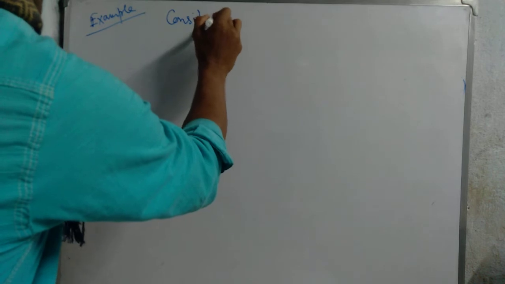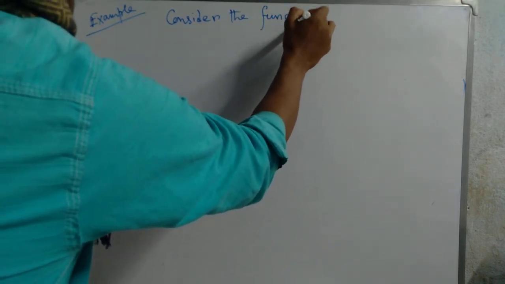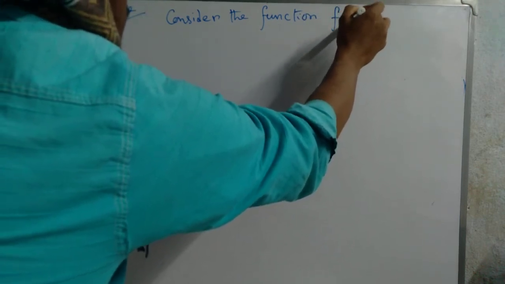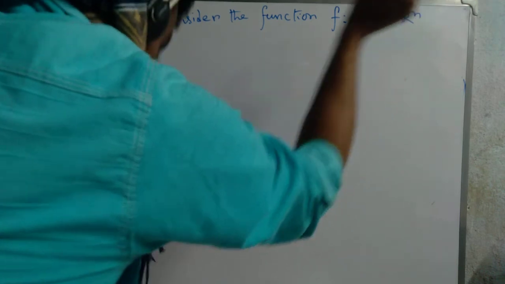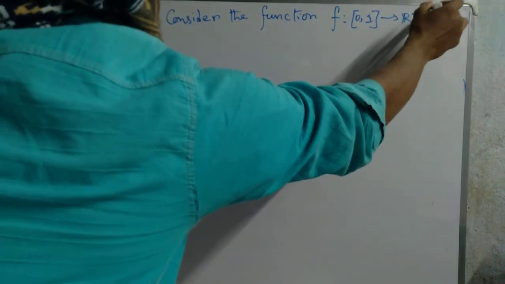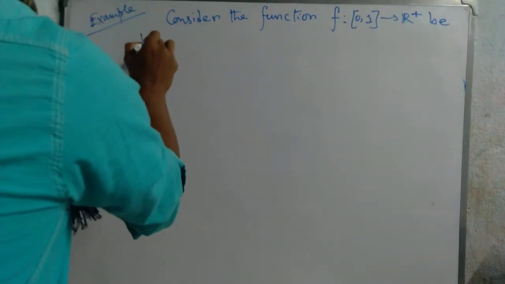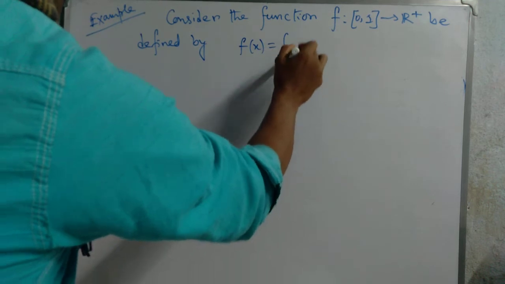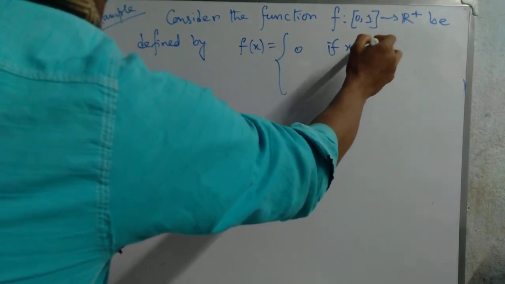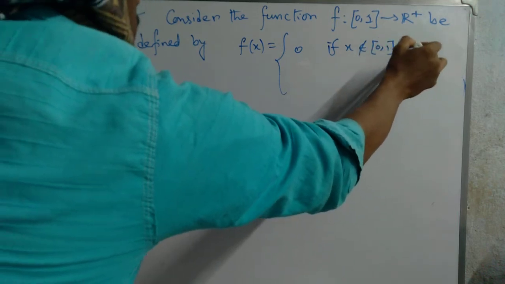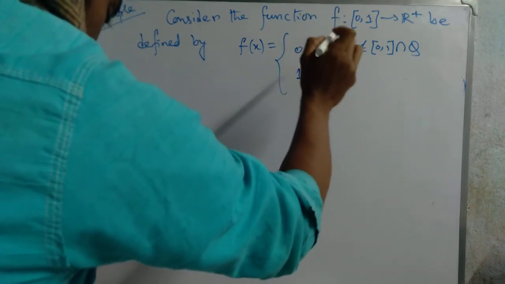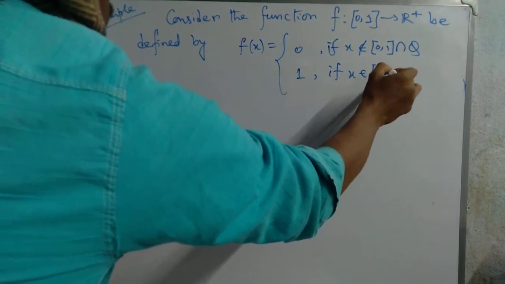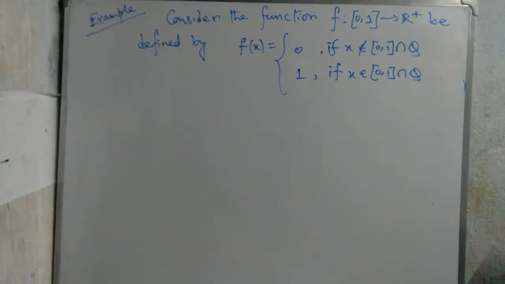First we consider the function f from [0,1] to R defined by f(x) equal to 0 if x does not belong to [0,1] intersection Q, and 1 if x belongs to [0,1] intersection Q. Then we go to the discussion of that.